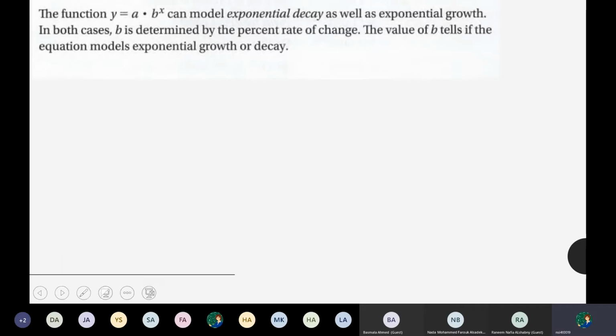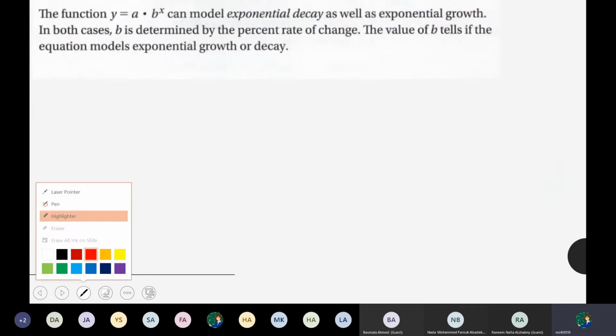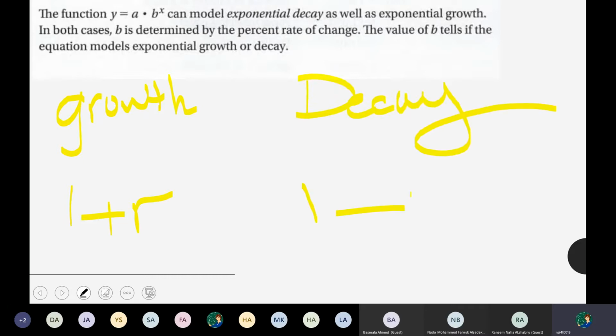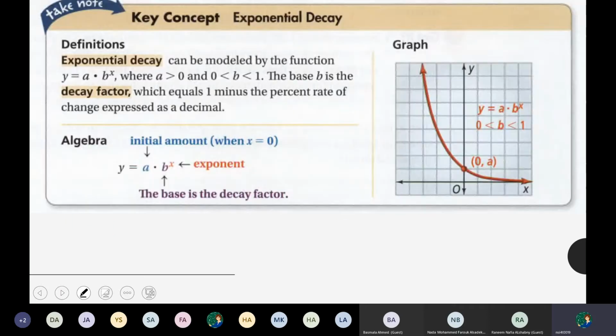I have the same steps, but in the growth you say 1 plus r, but in the decay you say 1 minus r. This is the difference.